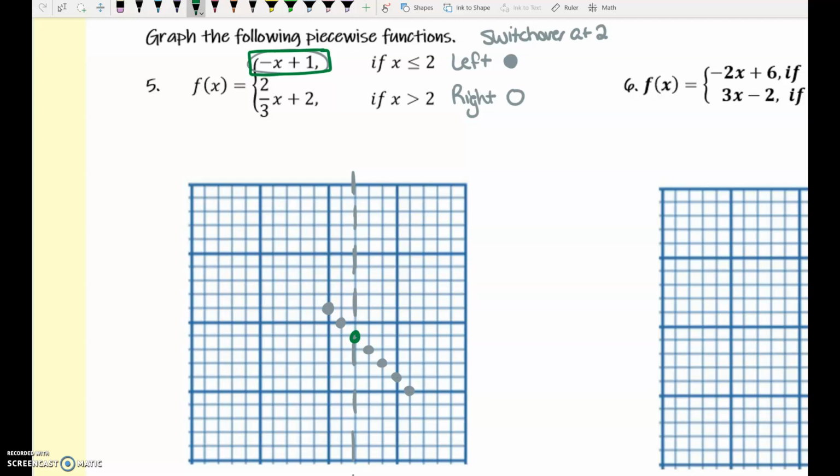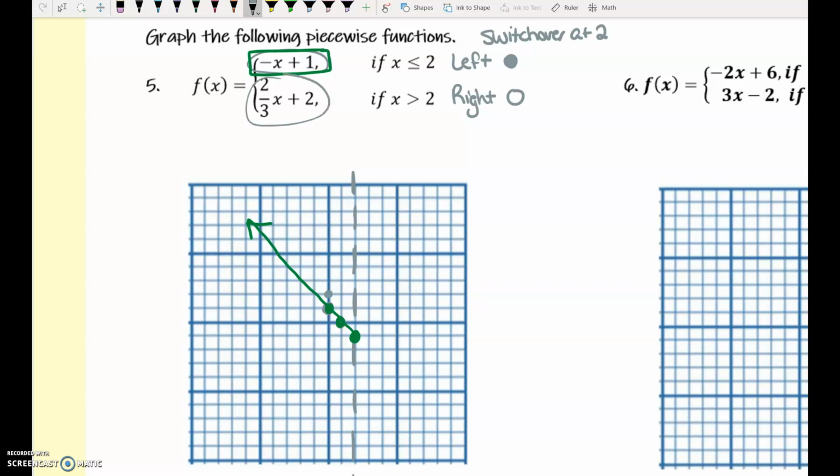So on that line, I'm going to fill in a solid dot, and then I'm going to use the points to the left and draw in that line just on the left side. And then I will erase the dots that are on the right. So the only piece of this graph that we want is the piece to the left of this x equals 2 line.